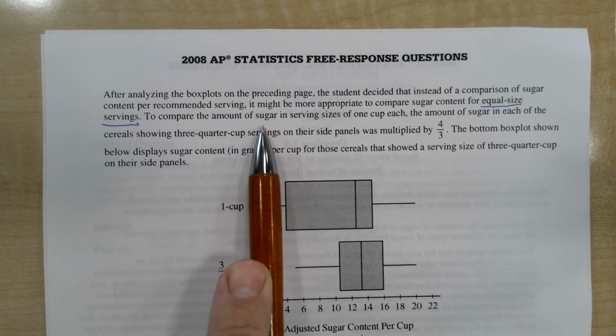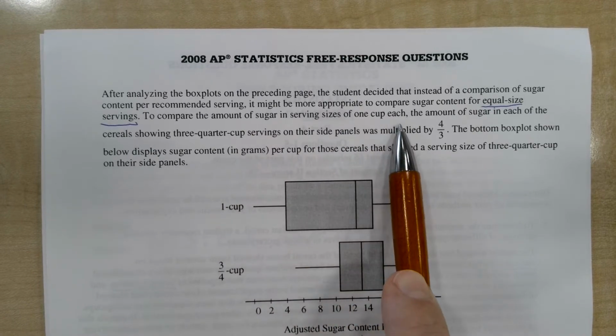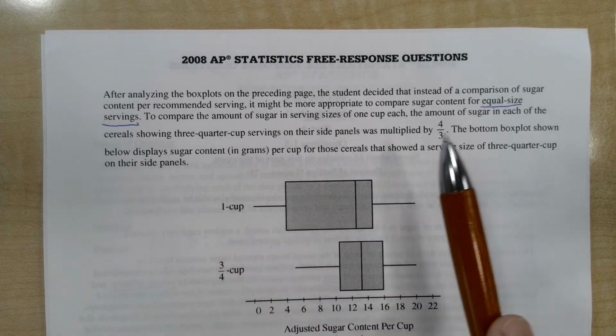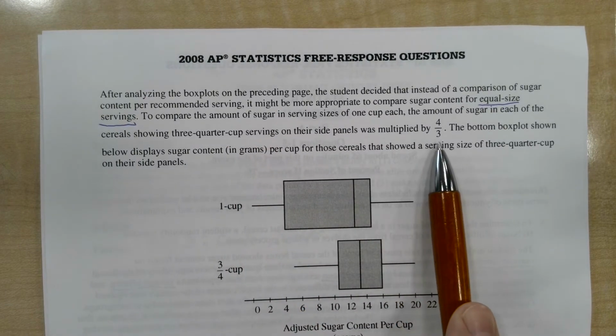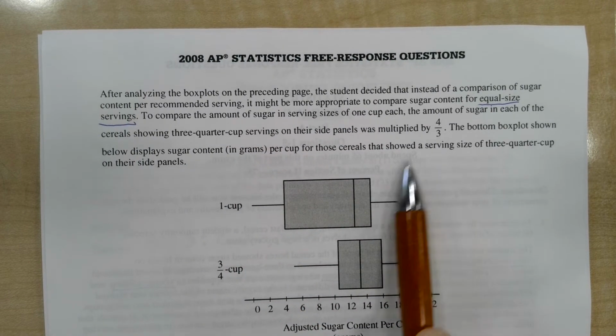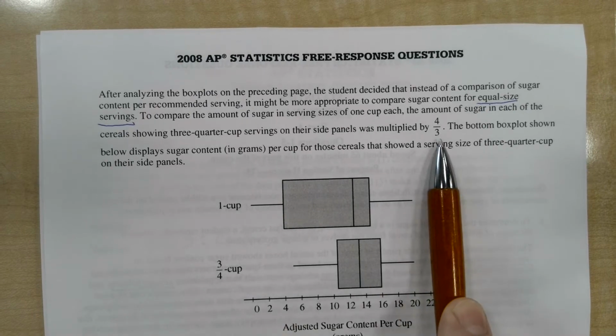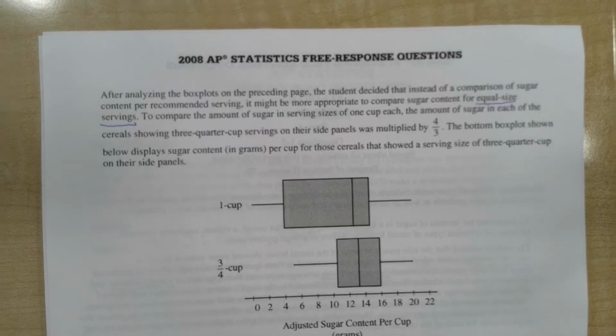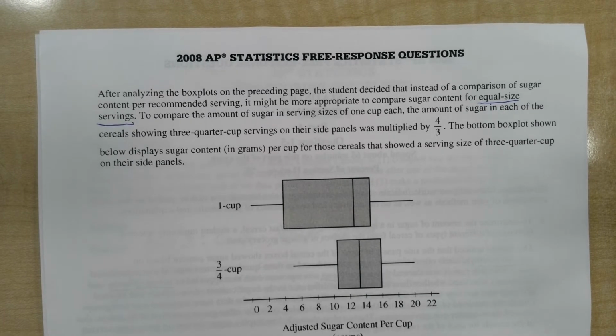To compare the amount of sugar in serving sizes of 1 cup each, the amount of sugar in each of the cereals showing 3/4 cup servings on the side panels was multiplied by 4/3. Why 4/3? Well, because 3/4 times 4/3 is 1. They want to make it into a 1 cup sugar amount, right? What's the sugar amount in 1 cup of that cereal?